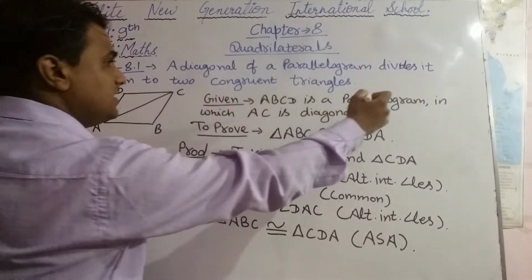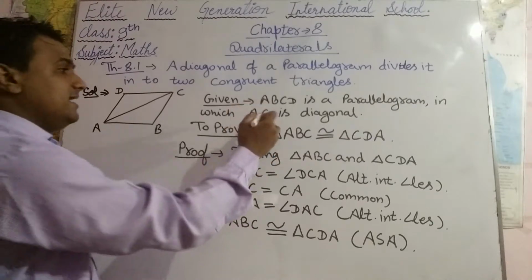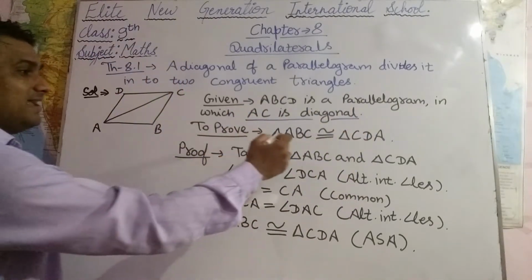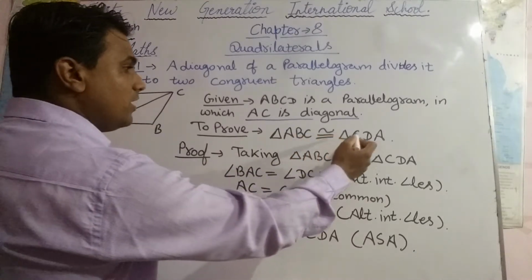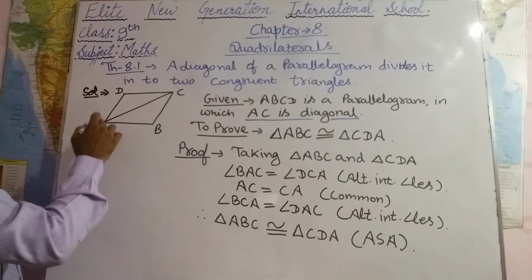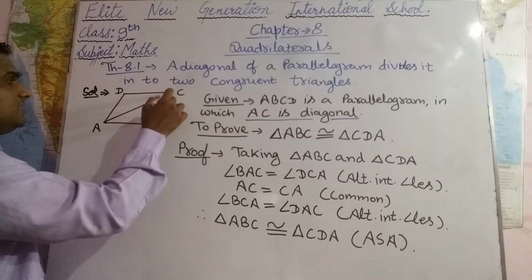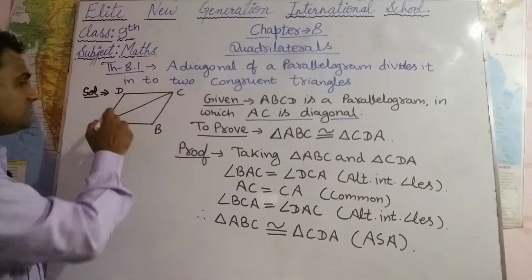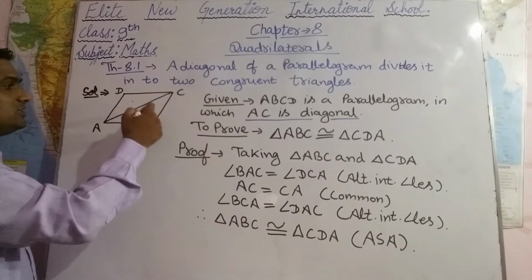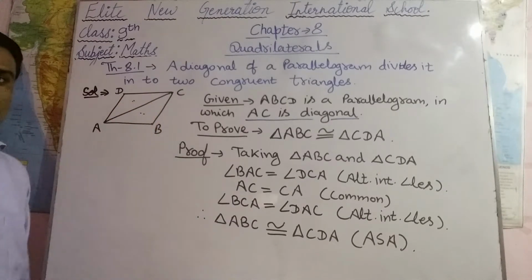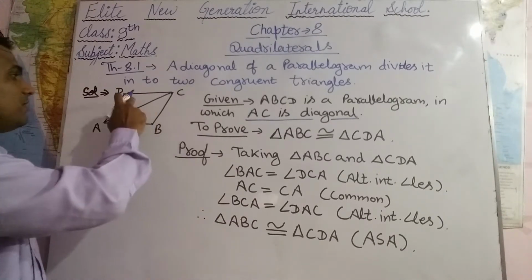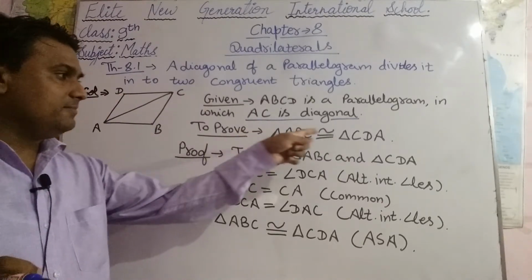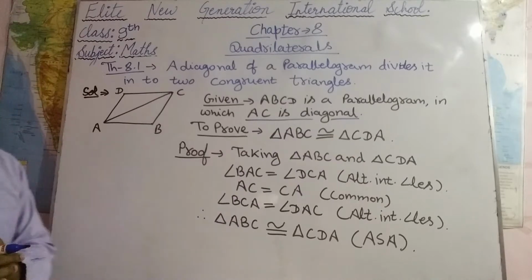Given: ABCD is a parallelogram in which AC is a diagonal. We have to prove that triangle ABC is congruent to triangle CDA, that is, the diagonal AC divides the parallelogram into 2 congruent triangles.